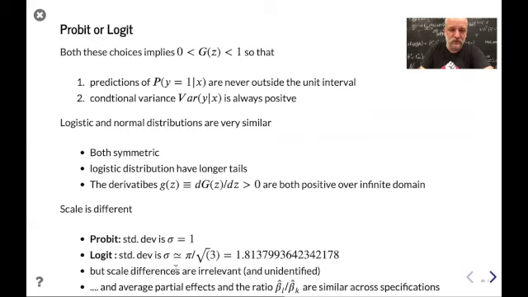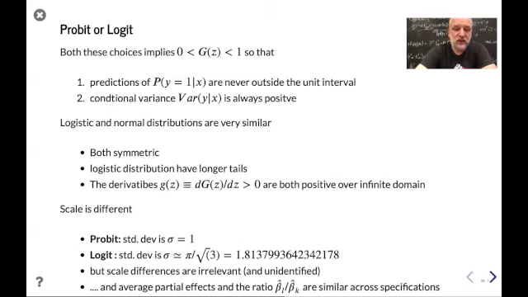Okay, so the scale, we've seen when we talked about identification, the scale differences of these two choices are going to be irrelevant, because we can't even identify that variance relative to the beta. So what we do estimate is beta divided by that variance, and we don't really care what that variance is.